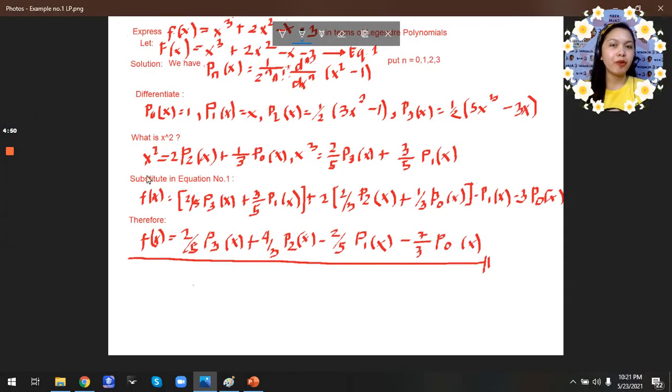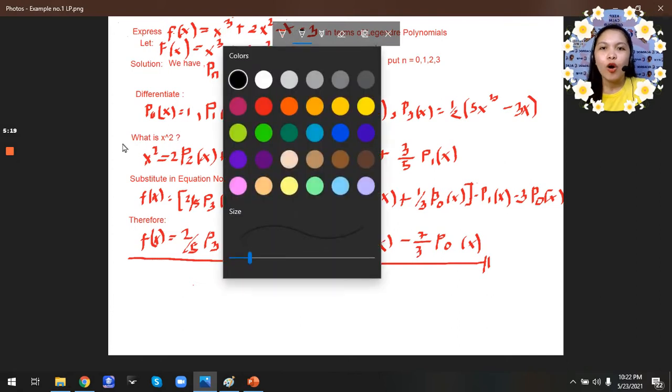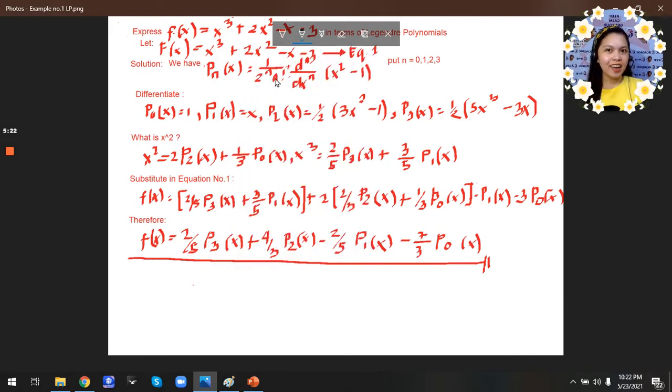For problem number 1, let's express f of x equals x cubed plus 2x squared minus x minus 3 in terms of Legendre polynomials. So let f of x equals x cubed plus 2x squared minus x minus 3 be our equation number 1. For the solution, we have P sub n of x equals 1 over 2 to the power of n times n factorial, times d to the power of n over dx to the power of n of (x squared minus 1) to the power of n.